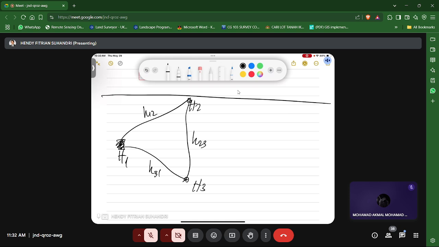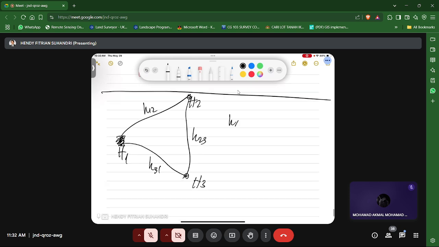Kalau saya memiliki cerapan saya ada 3, H12, H23, ikut arah pengukuran, dan H31, maka ada 3 persamaan. Ini boleh saya extend menjadi H12, reduce level 2 tolak reduce level 1. Dalam leveling akan macam tu. Kemudian reduce level 3 tolak reduce level 2. Reduce level 1 tolak reduce level 3.